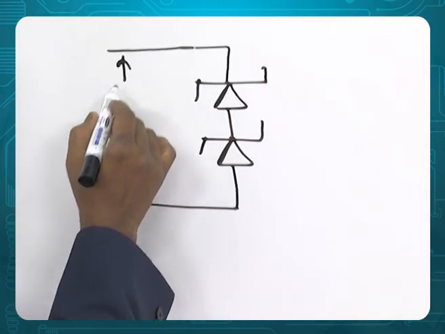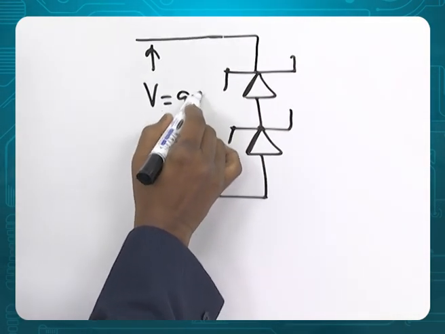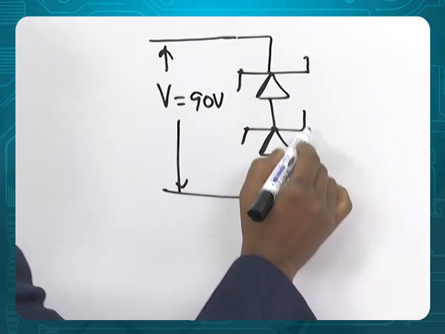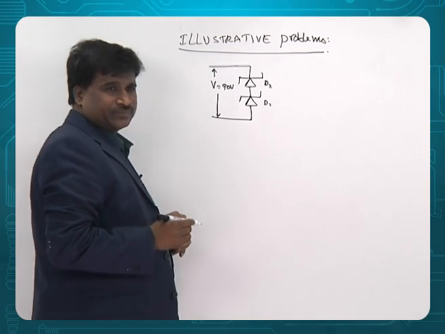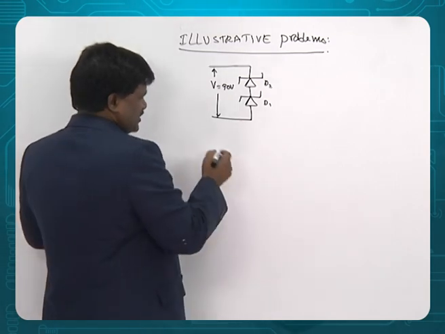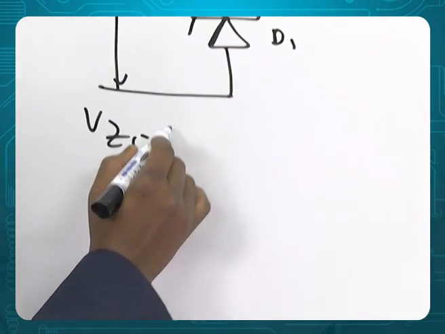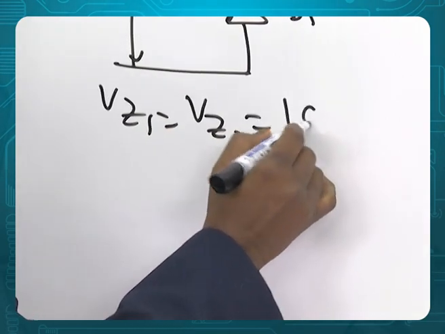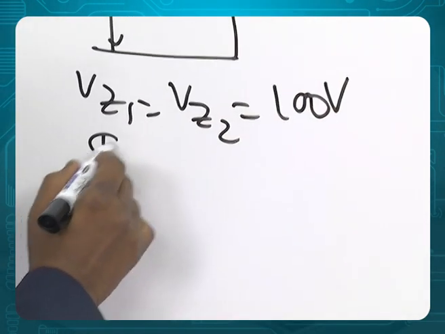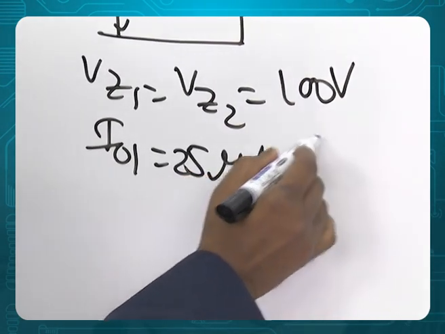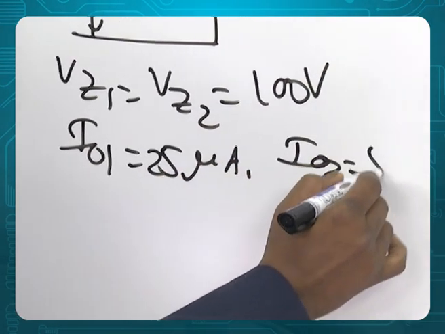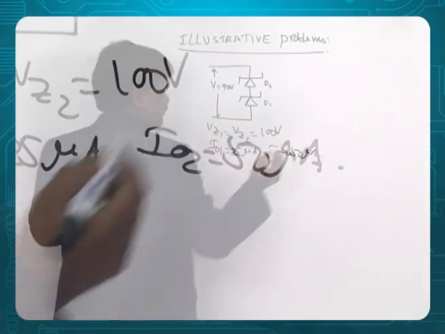The voltage given is 90. Say this is diode 1, diode 2. He said VZ1, VZ2 are 100 volts, I01 is 25 micro, I02 is 50 micro.